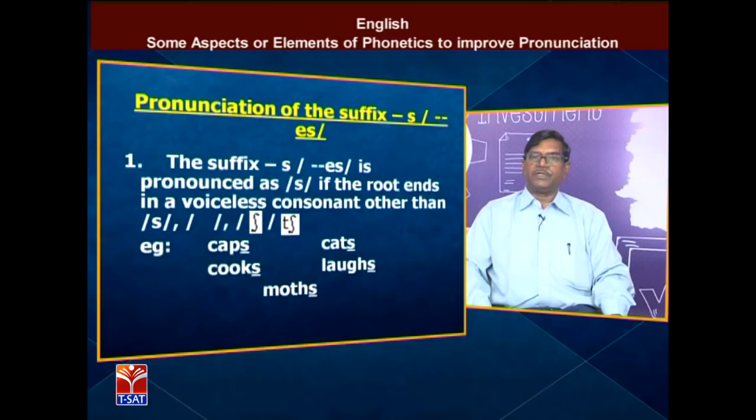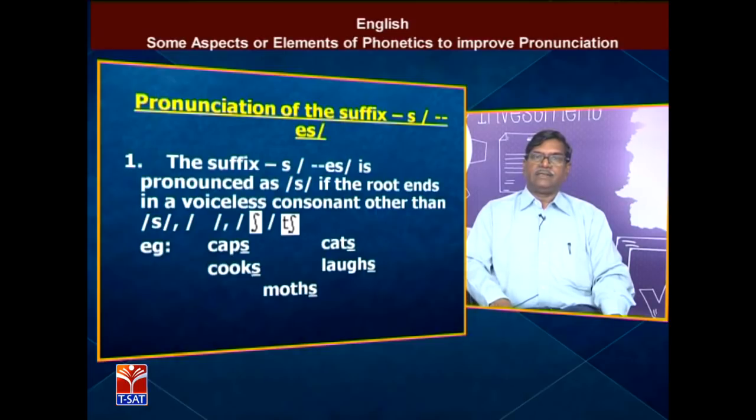If the word ends with any voiceless consonants other than s, sh, ch, then in such a case the plural marker or the possessive marker or the present tense third person singular marker is pronounced as s: caps, cats, cooks, laughs, myths, like that.